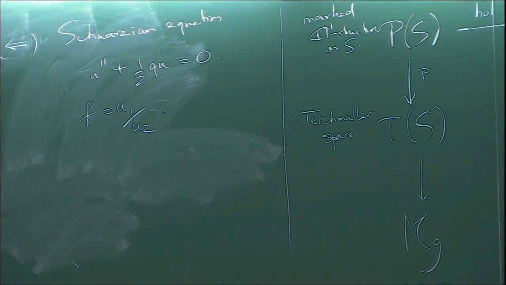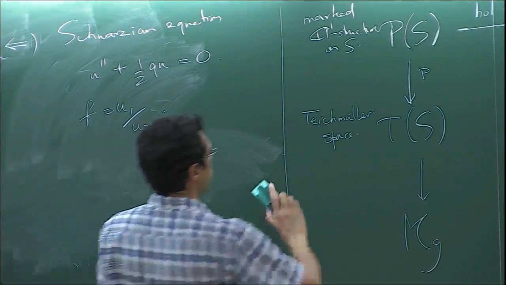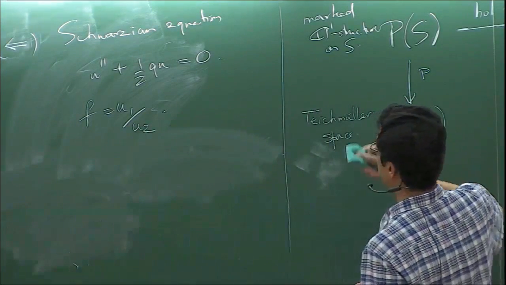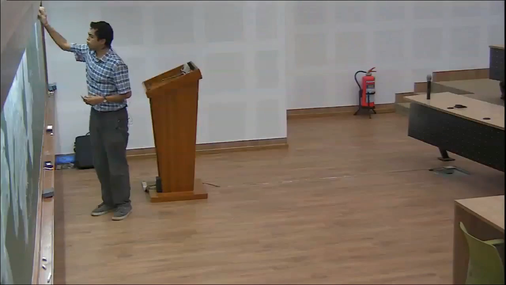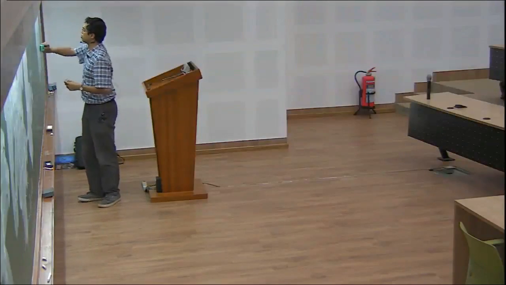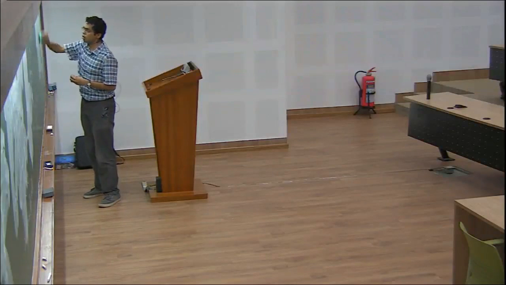So that's an idea of how this is identified with the space of holomorphic differentials. So there are plenty of structures, even if you fix a conformal structure, an underlying Riemann surface.